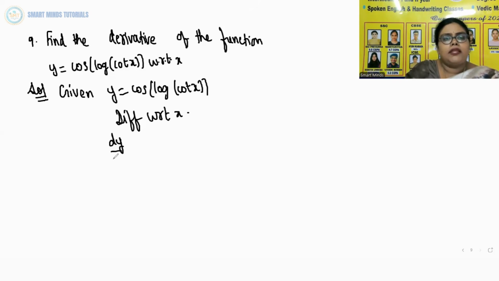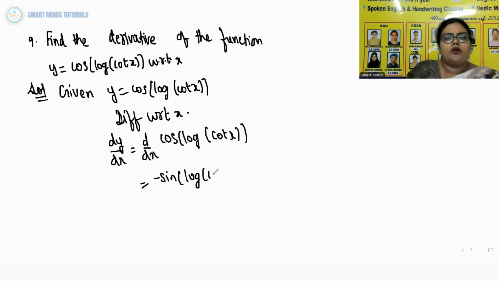So dy by dx is equal to, first we differentiate the whole function, d by dx of cos of log of cot x. Now the derivative of cos is minus sin. So this is minus sin of log of cot x.